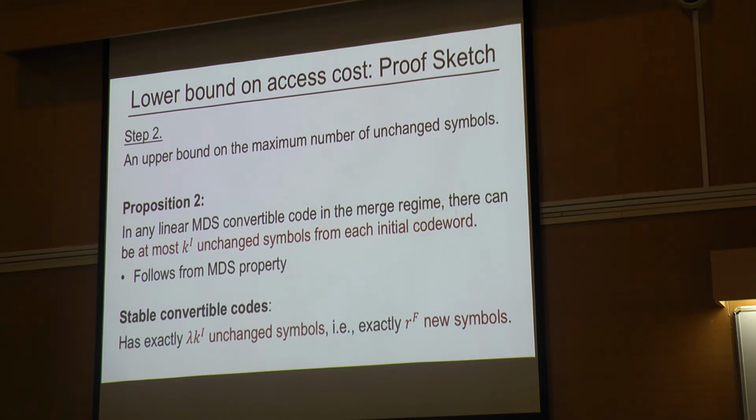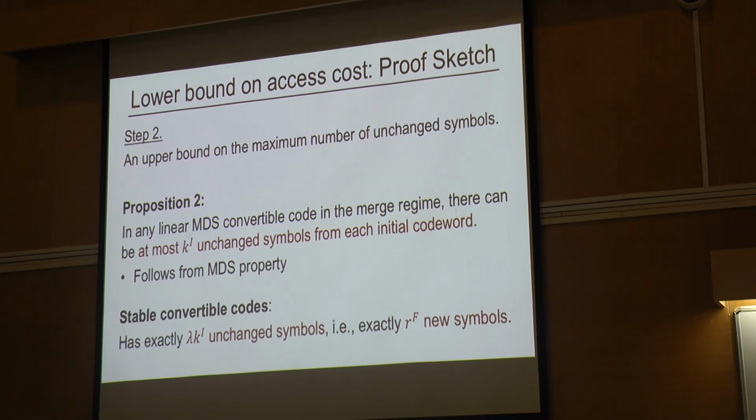And stable convertible codes have exactly RF new symbols, because if you recall, RF is NF minus KF, and in the merged regime, KF is lambda KI, right?